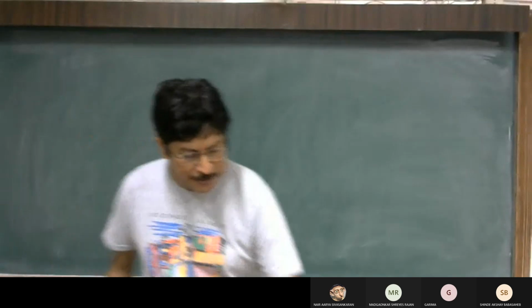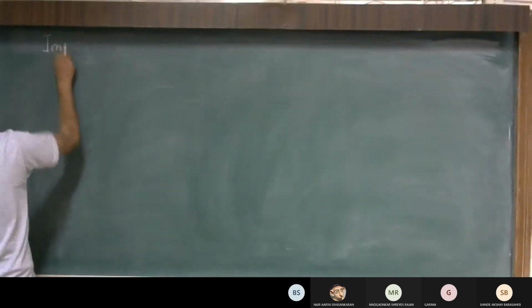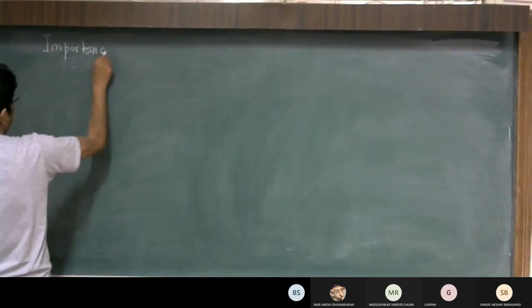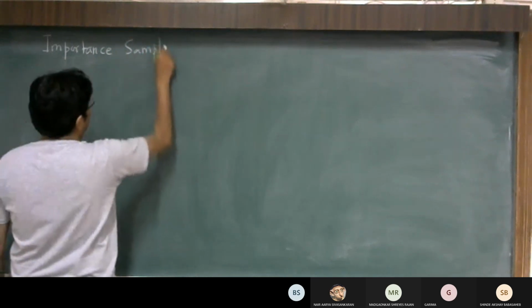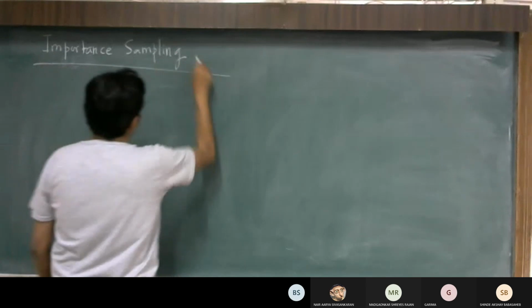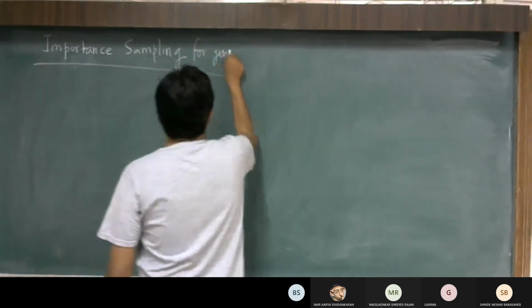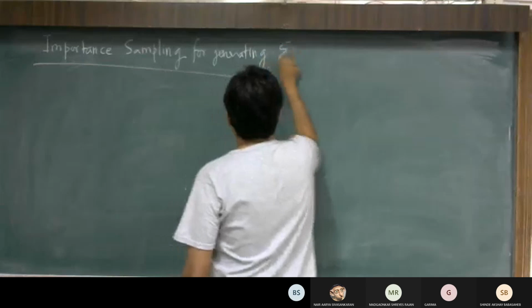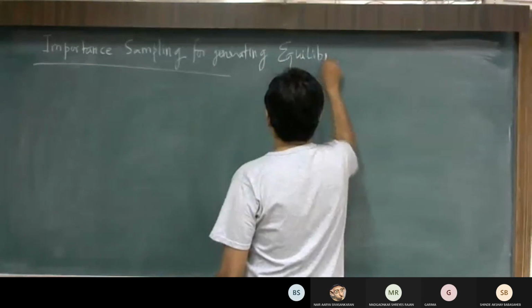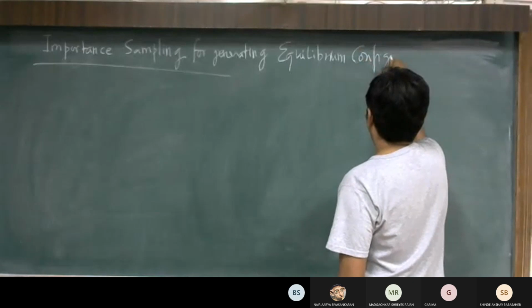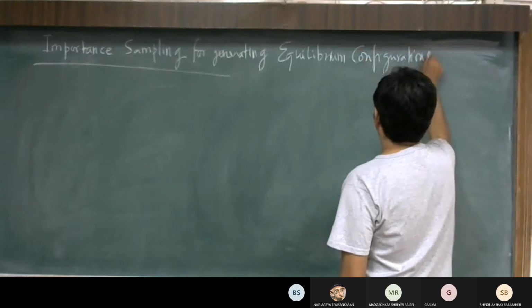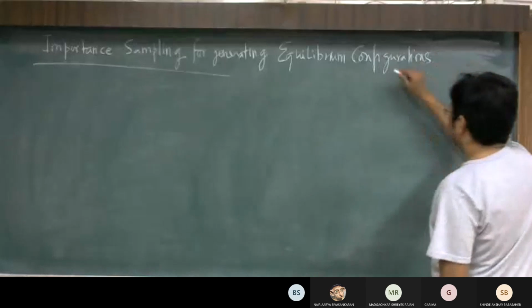Let us begin with where we left yesterday. So I will just quickly revise what are the steps involved. So we were discussing this importance sampling for generating equilibrium configurations.